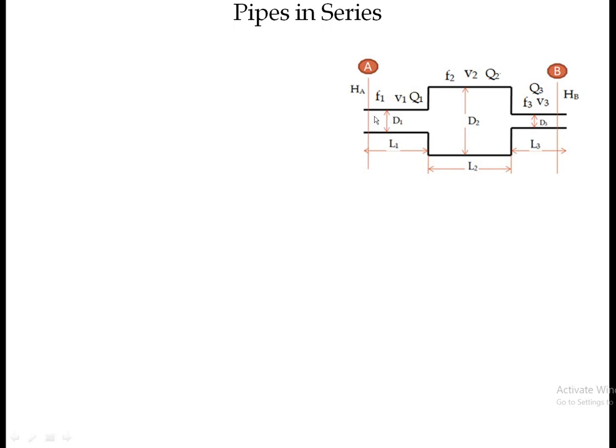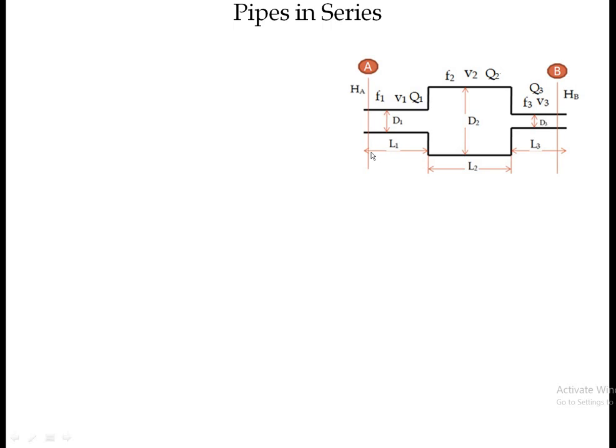For the first pipe, F1 is the friction factor, V1 is the velocity, Q1 is the discharge. For the second pipe, F2, V2, Q2 are the friction factor, velocity and discharge respectively. For the third pipe, F3, Q3, V3 are the friction factor, discharge and velocity respectively.